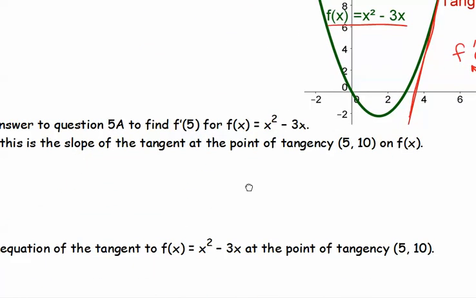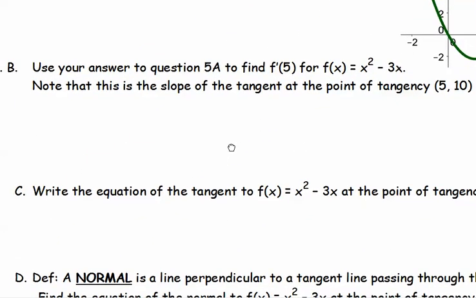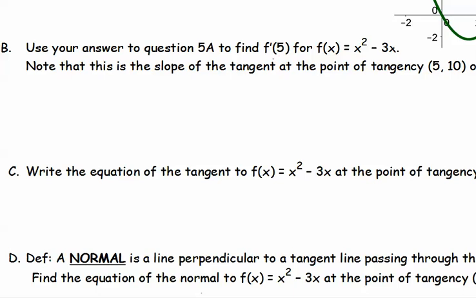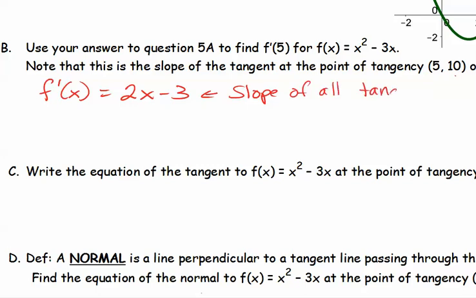Well, we've done the hard work here. First we have to find the slope of the tangent at this point of tangency (5, 10). We know that our formula for f prime is 2x minus 3, so this is our slope of all tangents. We need to get used to what the derivative formula tells us: the slope of every tangent.